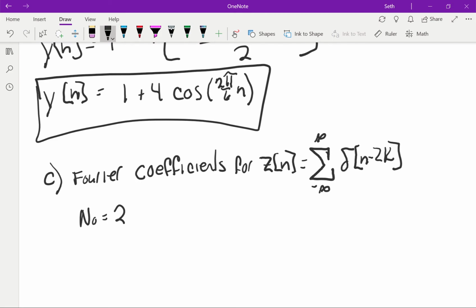Okay, so we know that omega naught is going to be 2 pi divided by n naught. That's just equal to pi.